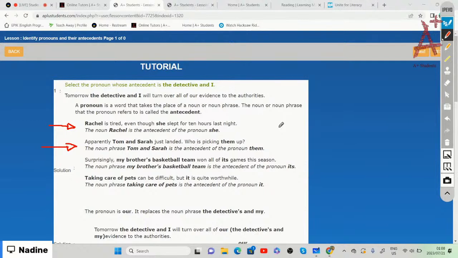In this case, Tom and Sarah is the noun phrase. So the noun phrase Tom and Sarah is the antecedent of the pronoun them, because them refers to Tom and Sarah.